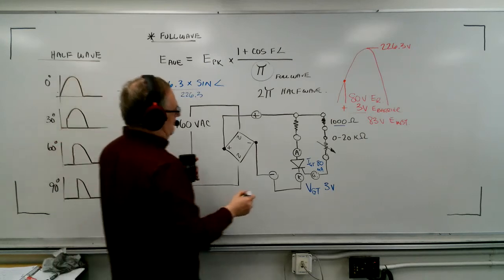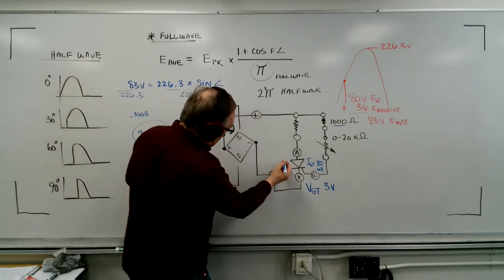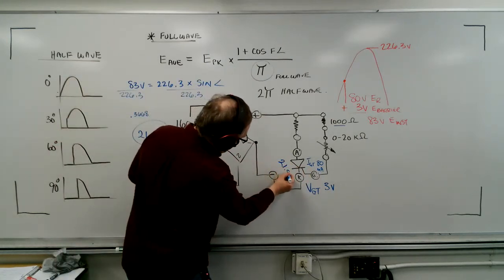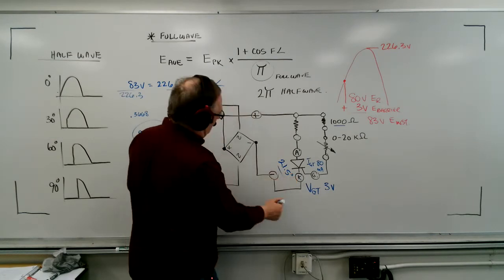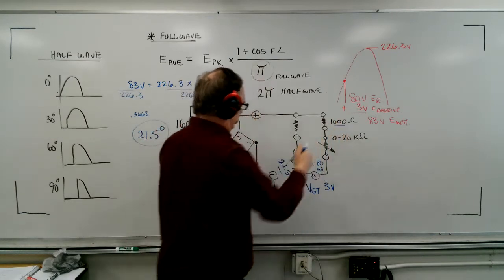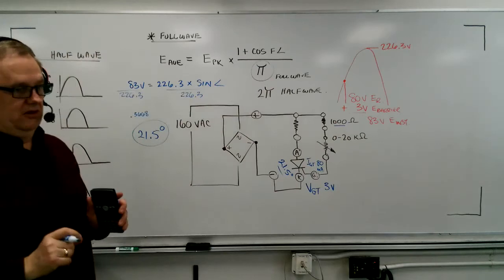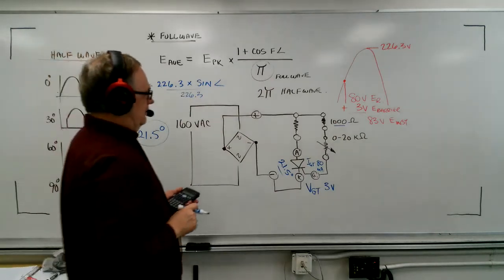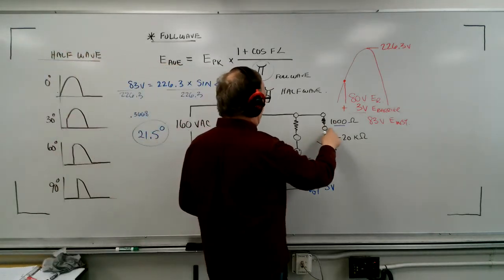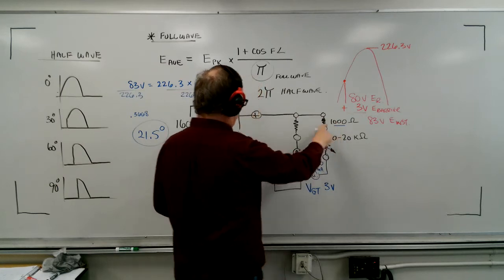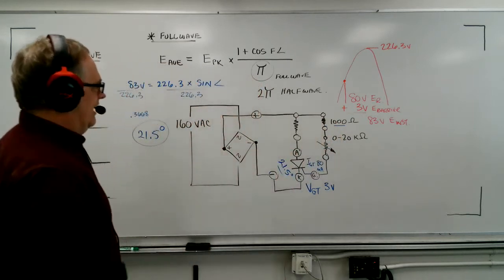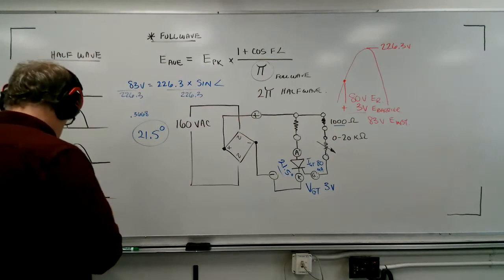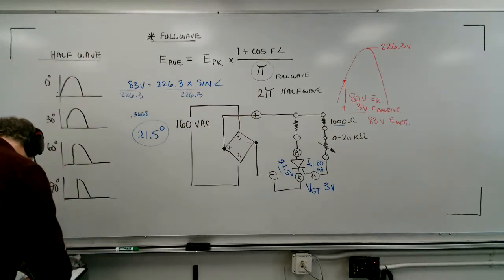And so that means that my firing angle, the SCR here, is actually firing at 21.5 degrees based on that 1,000 ohms. And that's my earliest possible firing angle. I cannot reduce that any less without actually changing that resistor. So there we have it, 21.5 degrees, the earliest.